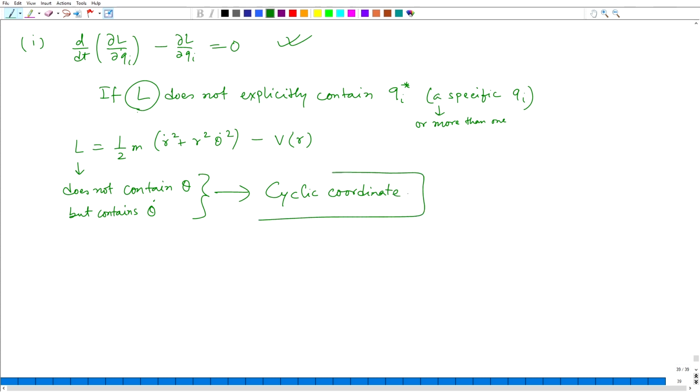If a generalized coordinate is a cyclic coordinate for a system, then what happens? If, for example, Qi star is absent or is a cyclic coordinate, then del L del Qi star is 0 from this one.